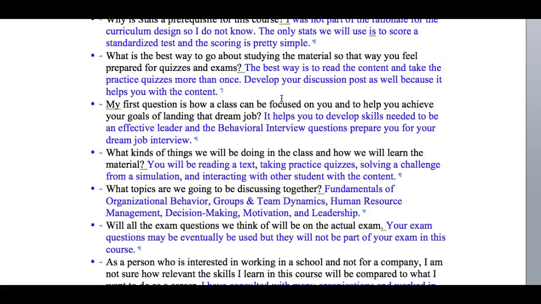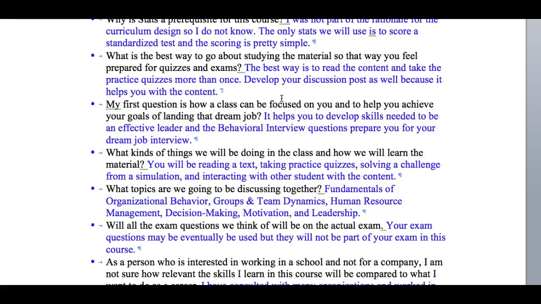Develop your discussion post as well, because it helps you with the content. My first question is how class can be focused on you and to help you achieve your goals of landing that dream job. Well, it can, because we're focused on application and helping you develop and integrate skills needed to be an effective leader.